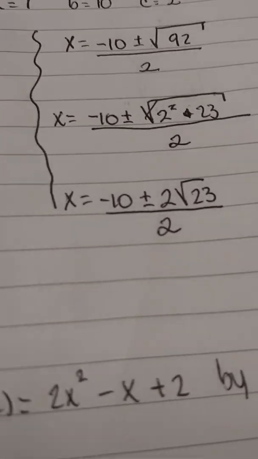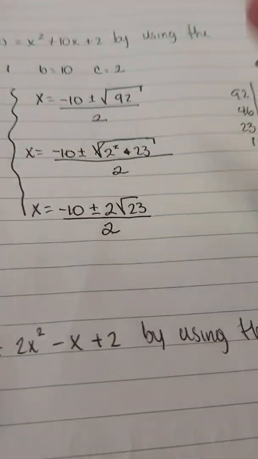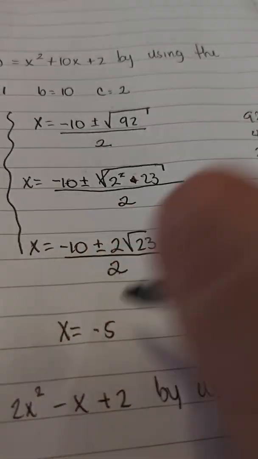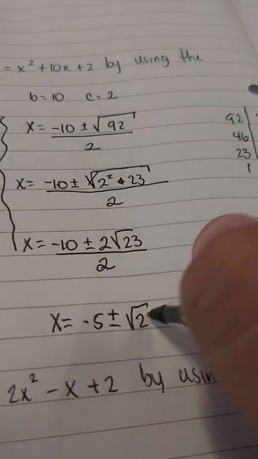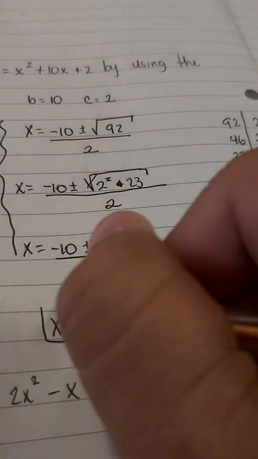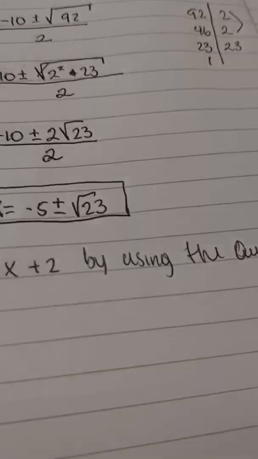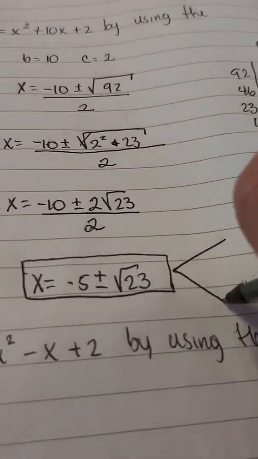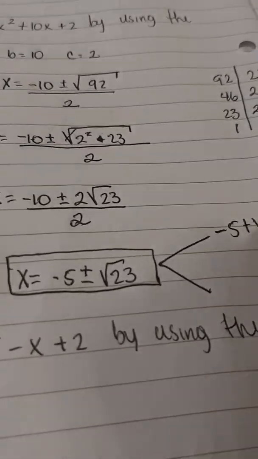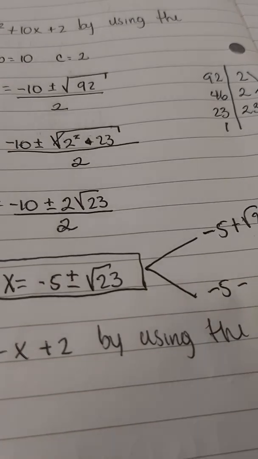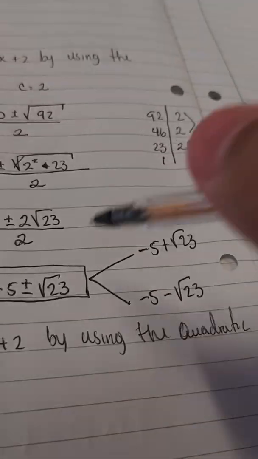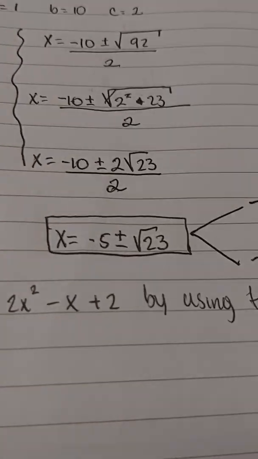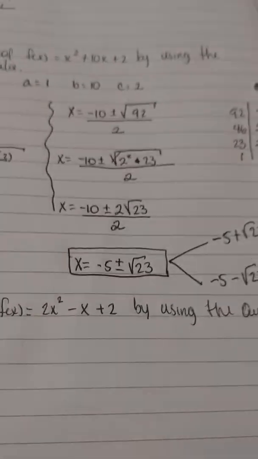Okay, so now negative 10 divided by 2 is negative 5, plus minus 2 divided by 2, that's 1 square root of 23. So this will be our exact solution. Now, this means that we have two solutions, right? Negative 5 plus square root of 23 and negative 5 minus square root of 23. So we can leave our answer like this because square root of 23 doesn't have a perfect square. So this will be our solution for the first quadratic equation.